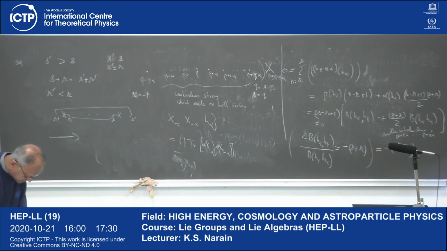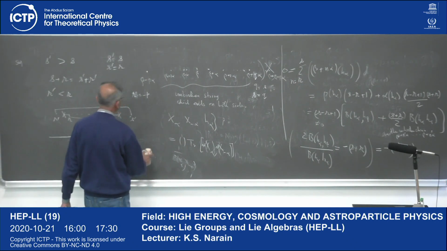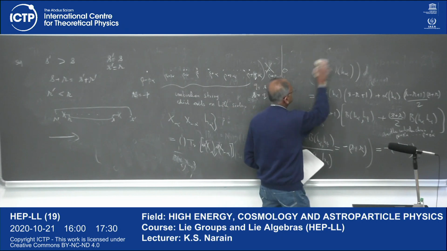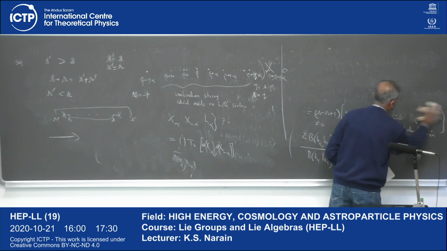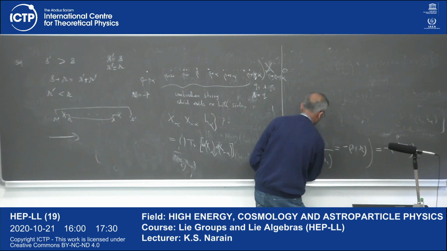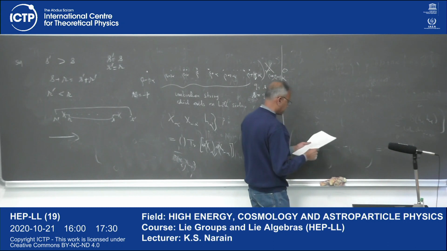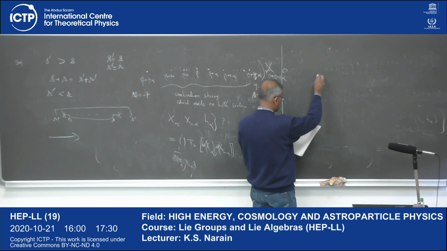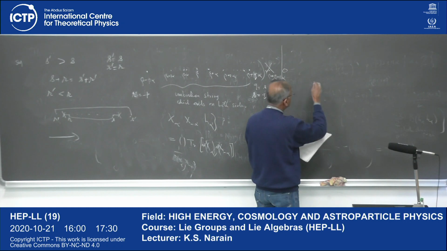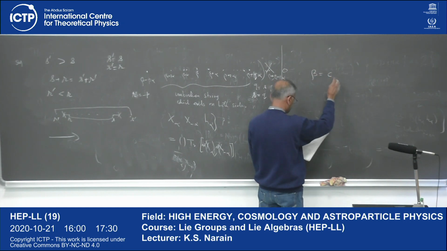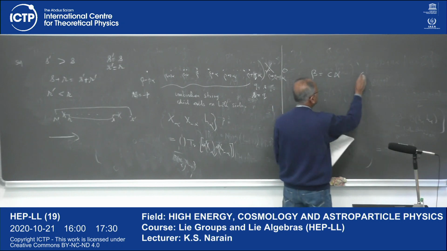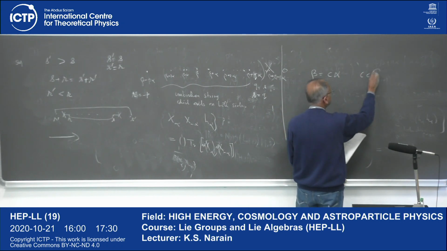Okay. Then, the next point. The second statement is that beta equal to C alpha, where C belongs to complex number, any complex number.